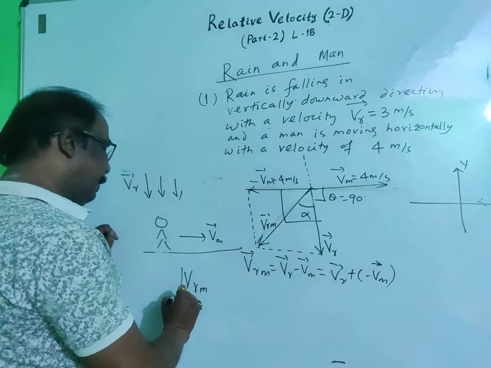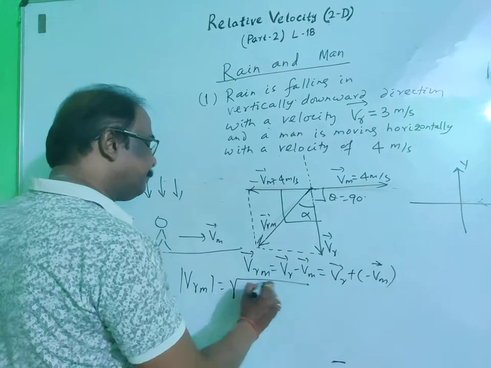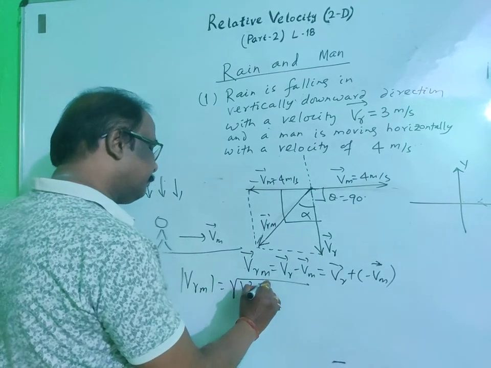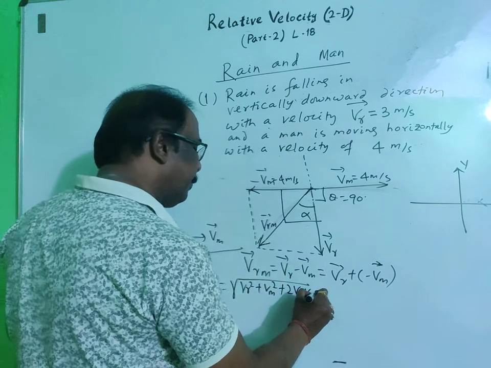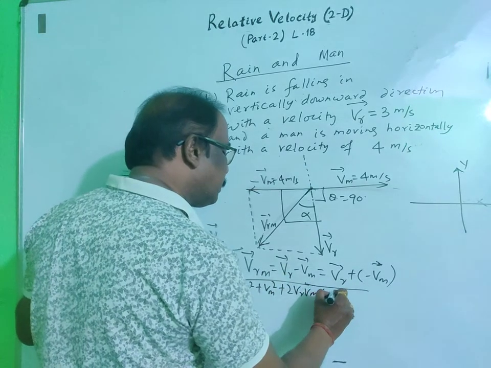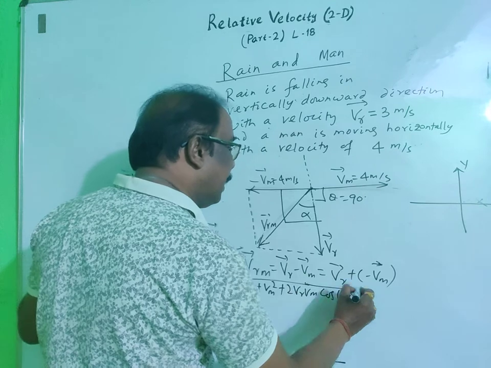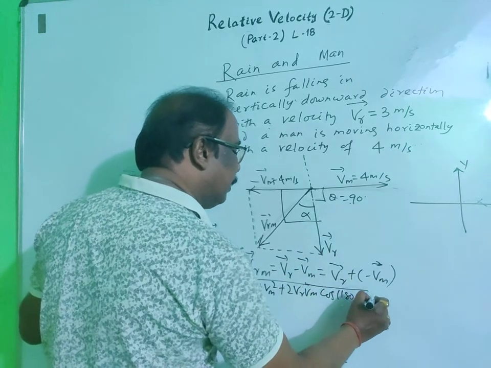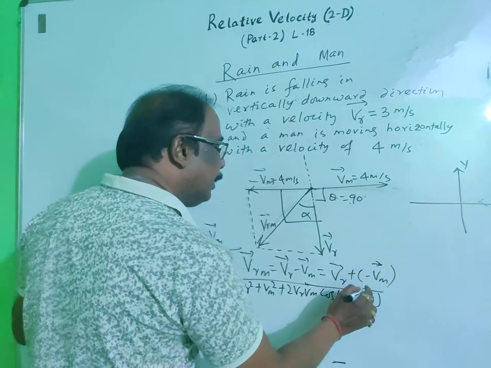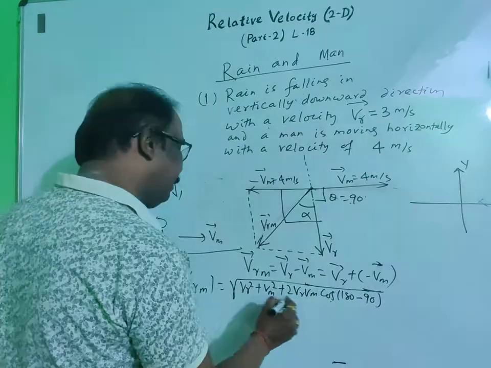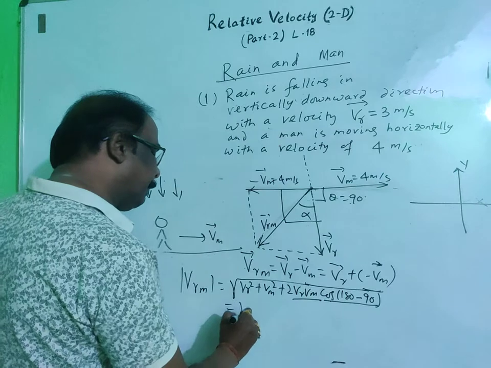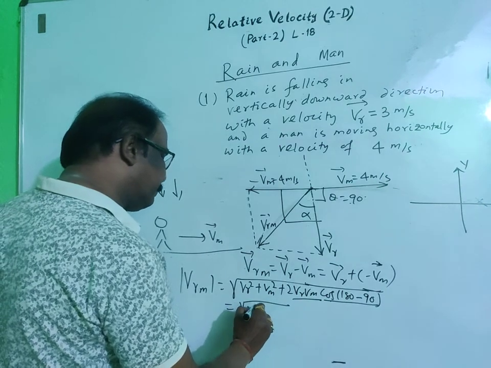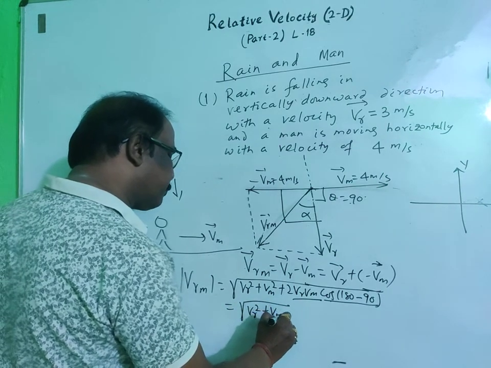Then the magnitude of Vrm is the square root of Vr square plus Vm square plus 2 Vr Vm cos of 180 degree minus theta. Here theta is 90 degree, and cos of 180 minus 90 is cos 90. Cos 90 is 0, and 0 into anything is 0, so the magnitude is the square root of Vr square plus Vm square.